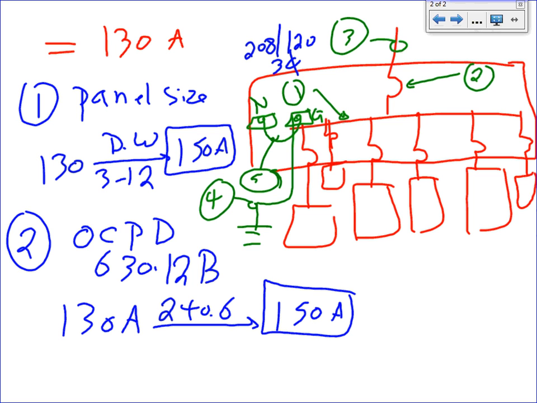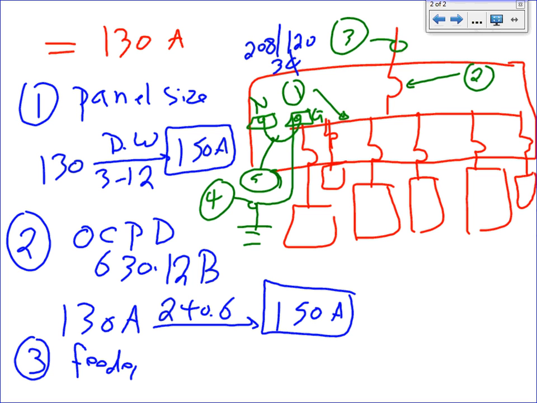Okay. The last one, guys, number three, conductor or feeder. Again, you can size based on 130 because it's less than 800 amp, but since it's feeding a panel, always match the overcurrent protection device.